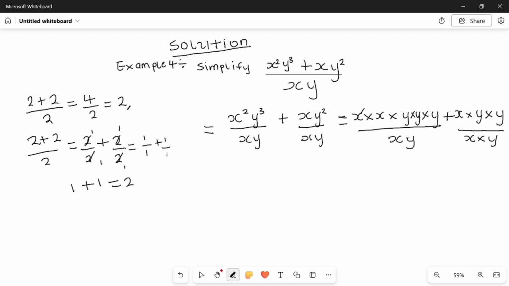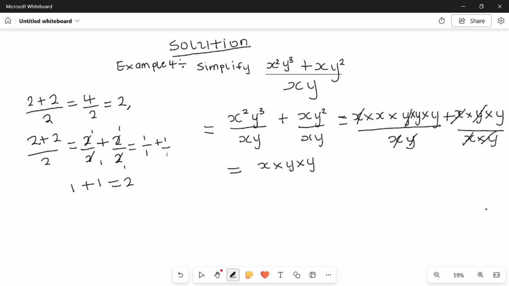So now we can cancel out, x will cancel out x, y will cancel out y here. Similarly, x here will cancel out x, and y will cancel out y here. So what we'll be left with is x times y times y. That's x times y times y.